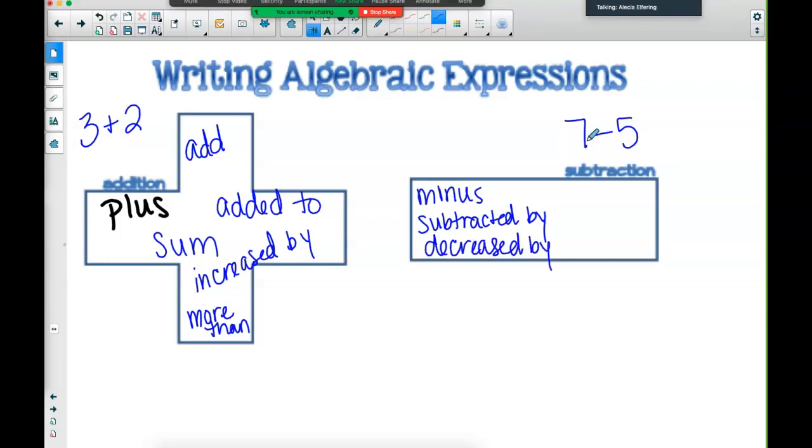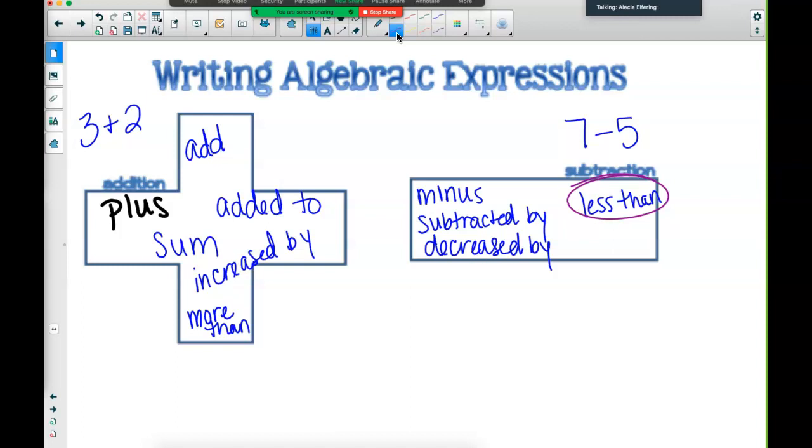Or decreased by. Because when we added, we had increased by, so subtracting, decreased by. When we add, we said more than, so subtract would be less than. I'm going to circle less than because we have to be really careful when we use those words.